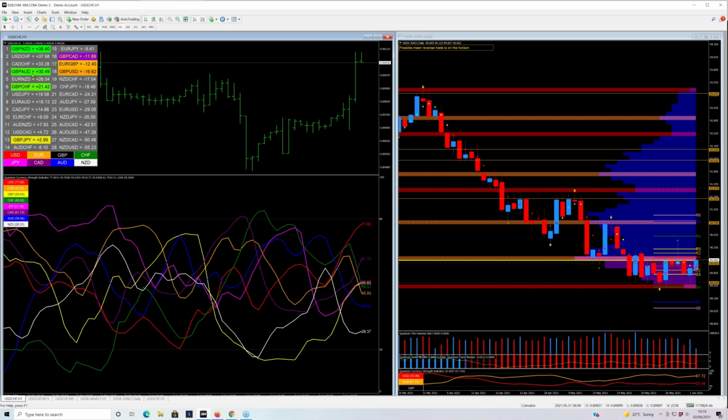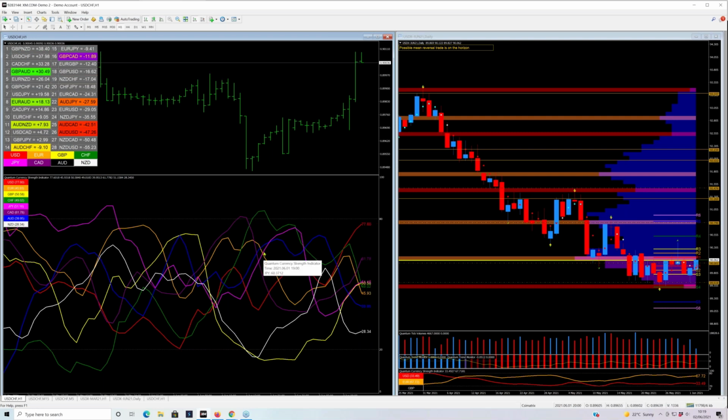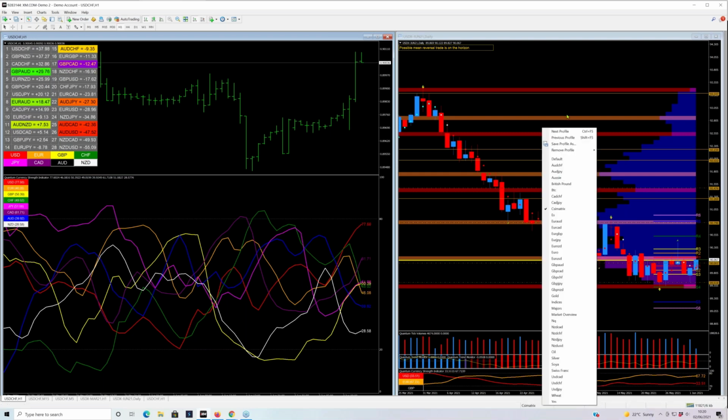And it certainly did up to a point, but the sell of the Aussie is much stronger against the US dollar. So you have this relative strength and relative weakness reflected also in the cross pairs. And I also use it to see whether the selling or buying of a particular currency is universal across all the pairs. Right, the best way to see this is to look at the actual pairs themselves.